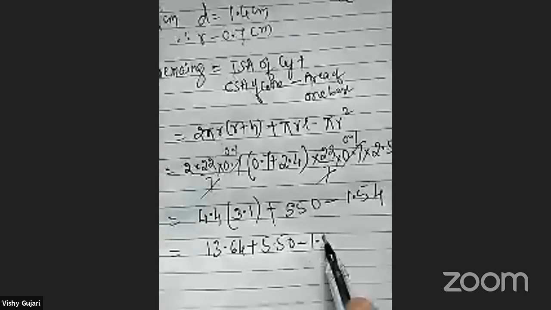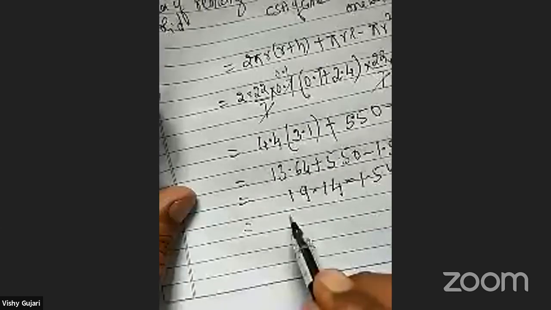Adding gives 19.14, minus 1.54. It will become 17.60.